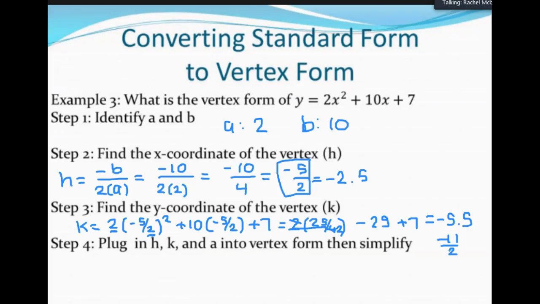So vertex form is A stays the same, so it's 2 times x minus h, which is negative 2.5, or negative 5/2. So again, either or is fine. Don't forget your squared plus k, which is negative 11/2. And if you want, you can simplify the minus and minus to positive. But that is your equation in vertex form.